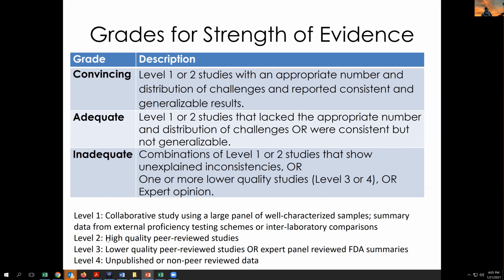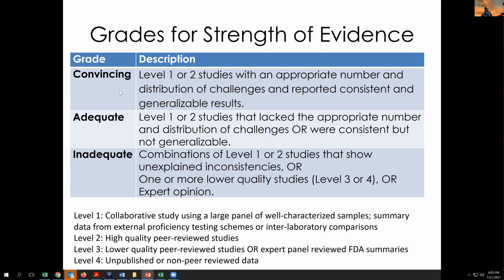Level 2 would be high quality but peer-reviewed studies, but perhaps not with the same level of validation. Level 3 data was either lower quality or non-reviewed studies, or they were expert panel FDA summaries, for example. And then, of course, level 4 is unpublished or non-peer-reviewed data.